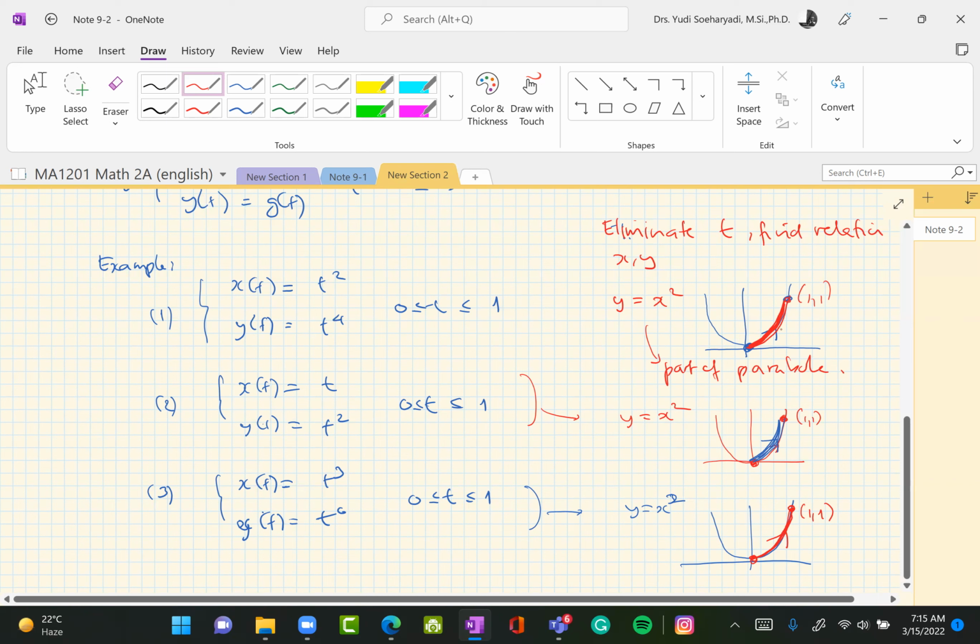Here the velocity is just 2t and 3t cubed. At points here, the velocity is different. Case 1, case 2, case 3 are different in velocity.